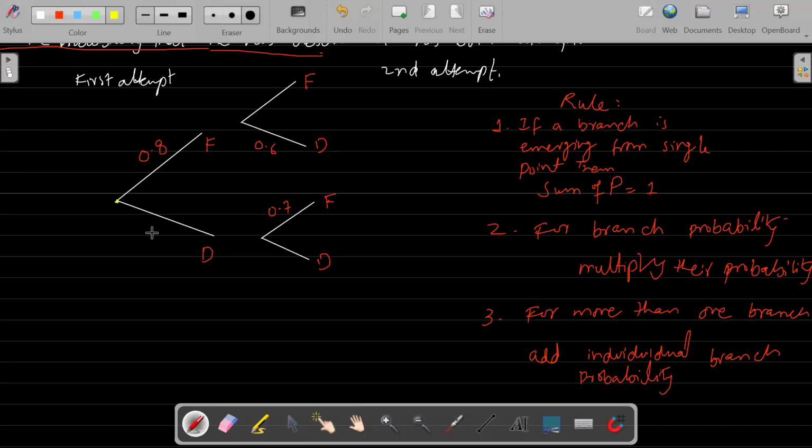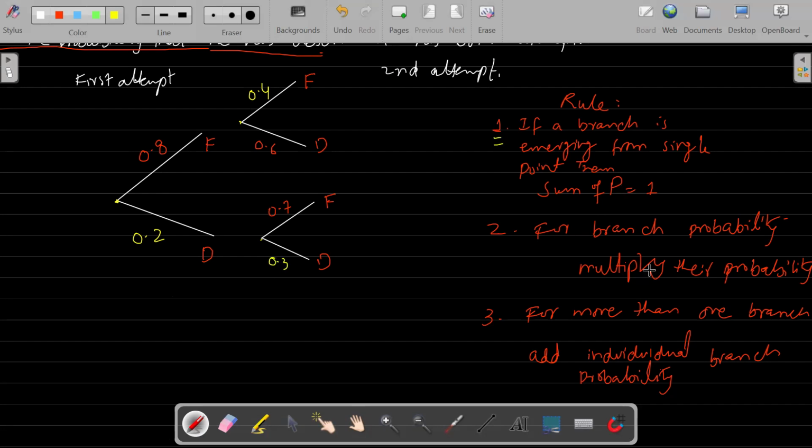If this is 0.8, then this will be 0.2. Same way, if this is 0.6, then this will be 0.4, because this is also emerging from one single point. Same way, if this is 0.7, then it's going to be 0.3. I hope you have cleared your point one.